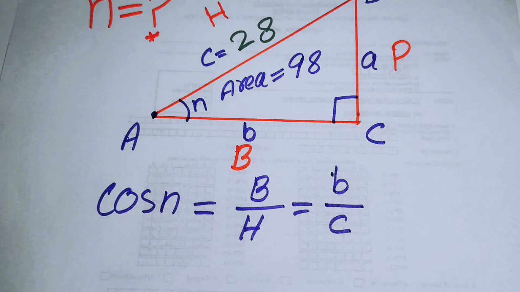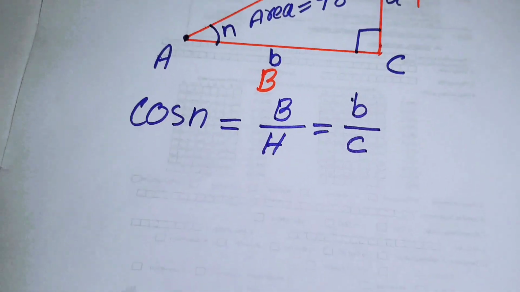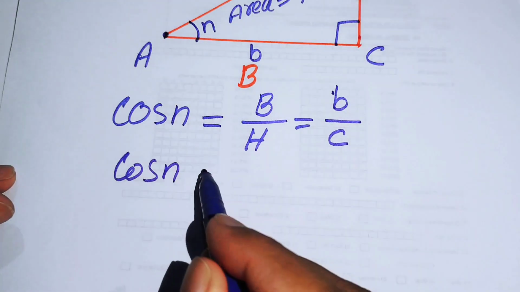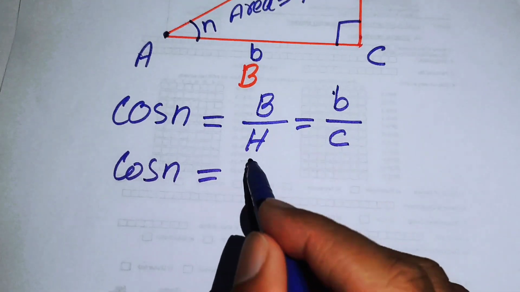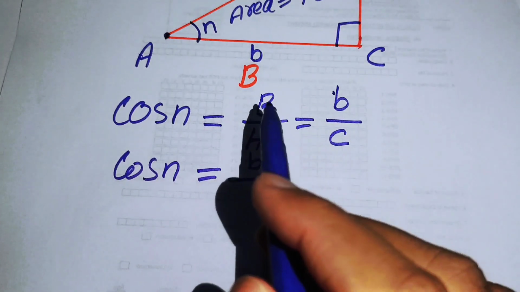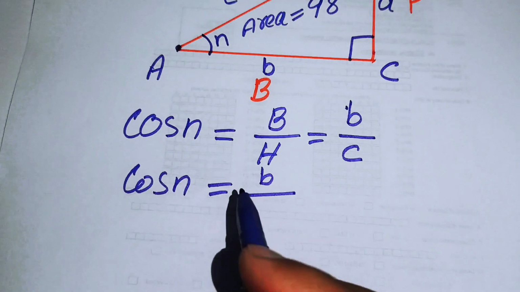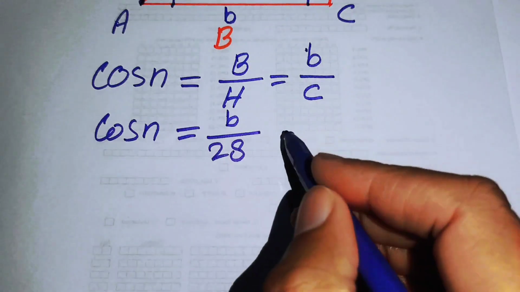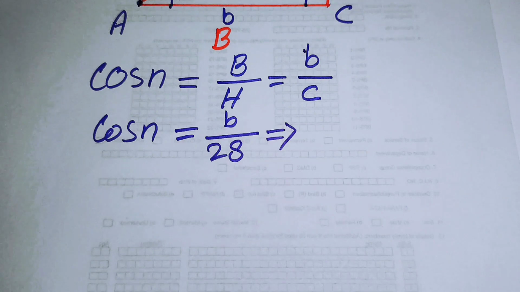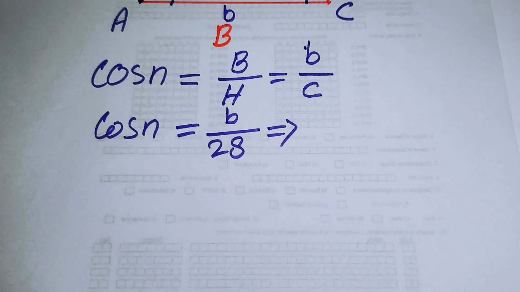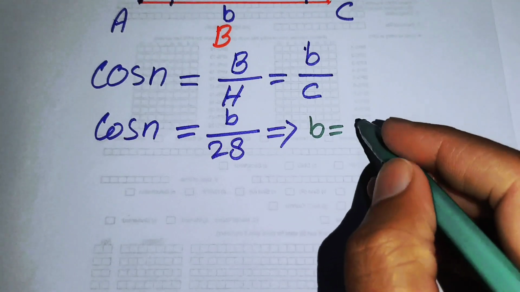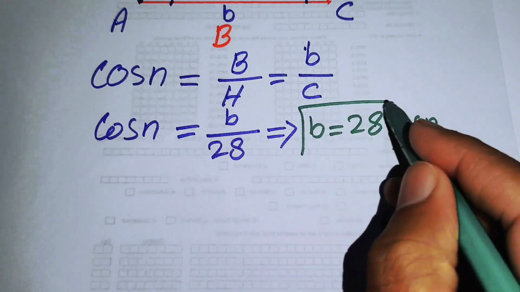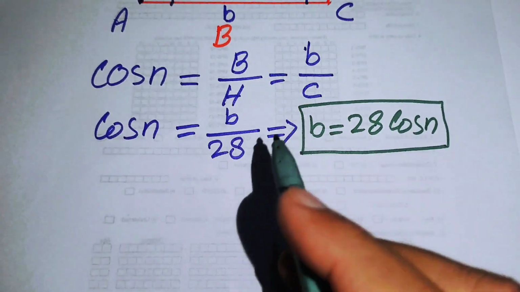Now when you put the values of b and c, you get cosine of the angle n equals b over c, and the value of c here is 28. Now we can solve this expression for the value of b. This implies that b equals 28 times cos n. So this is the value of the base b.